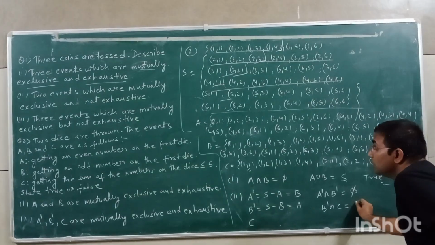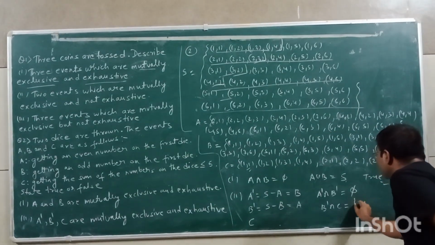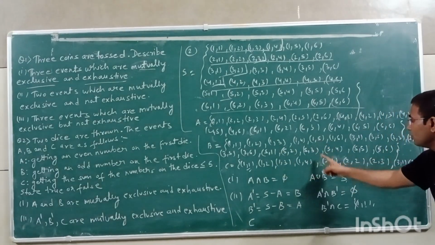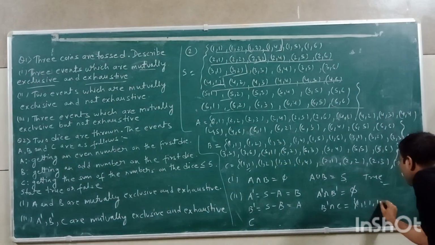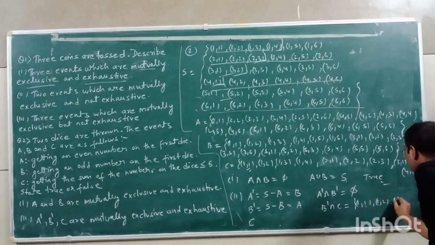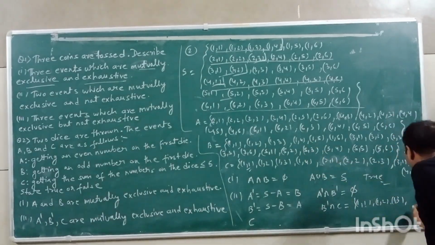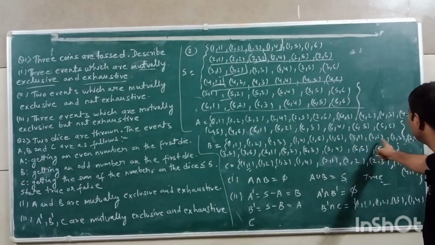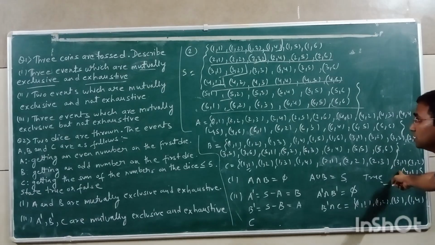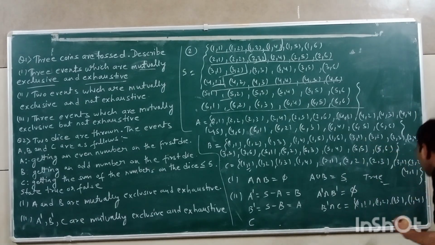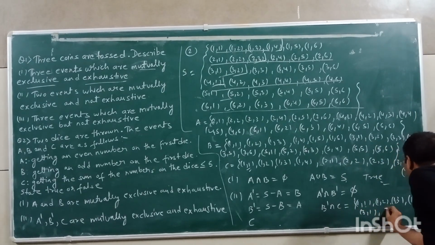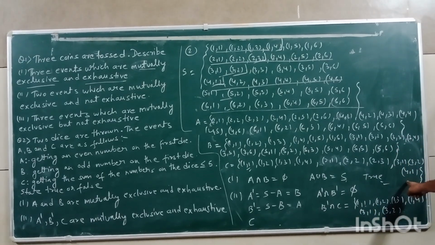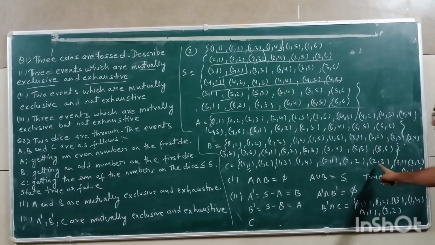So here you will get 1 comma 1, 1 comma 2, 1 comma 3, 1 comma 4, 1 comma 5, sorry, 1 comma 5 will not be there, so 1 comma 1, 1 comma 2, 1 comma 3 and 1 comma 4 will come. And after this, 3 comma 1 and 3 comma 2 you will get in both, and 4 comma 1 is not there. And 2 comma 3 is not there.